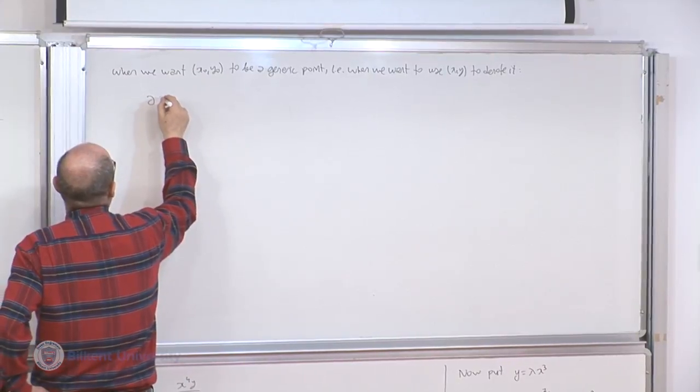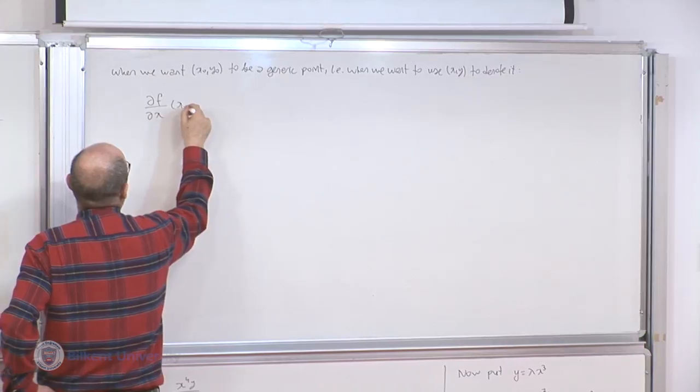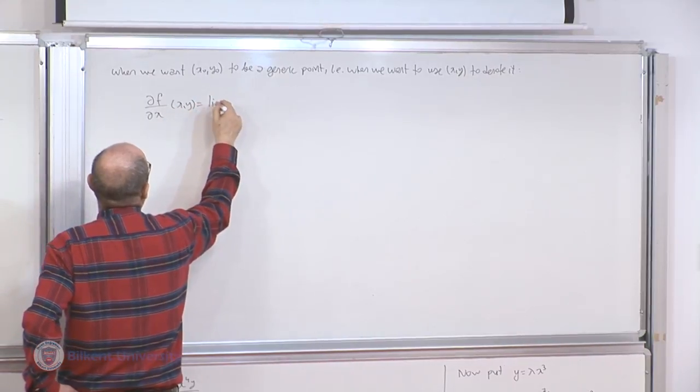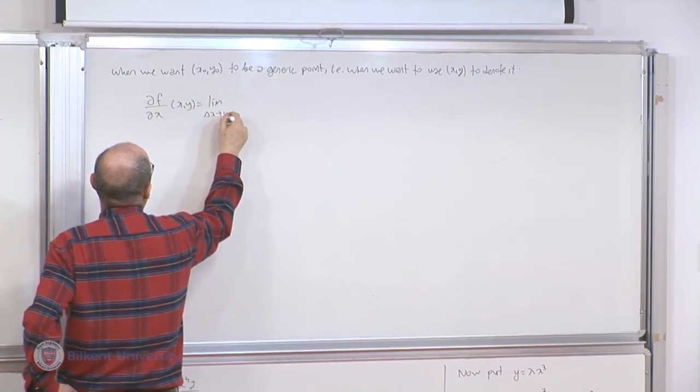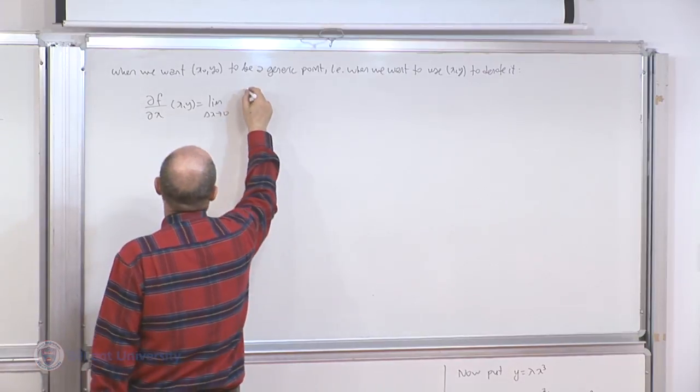Then the derivative of f with respect to x, which is a function of (x, y), is equal to the limit as delta x goes to 0 of f(x plus delta x, y) minus f(x, y), divided by delta x. You see that this part is delta x, delta y.